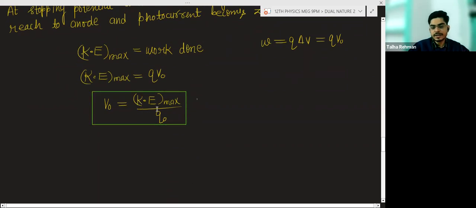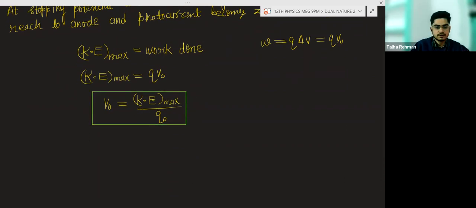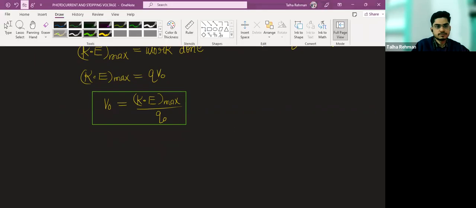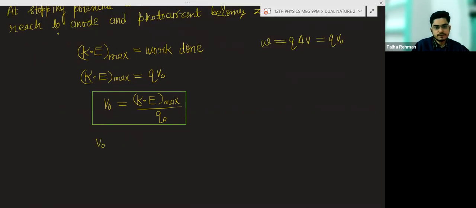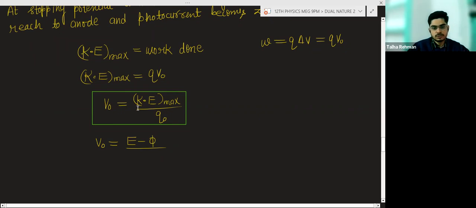Now maximum kinetic energy can be written as energy of photon minus work function of the metal, Einstein photoelectric equation. This is V naught.